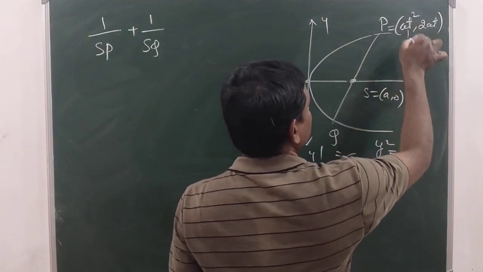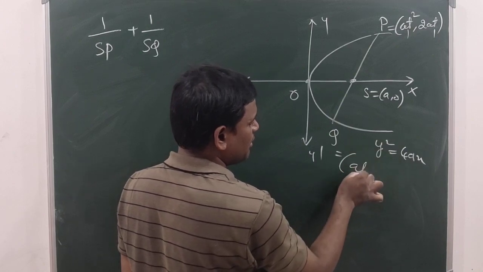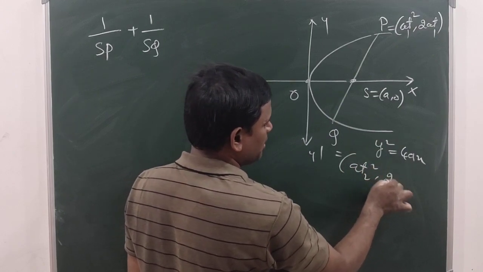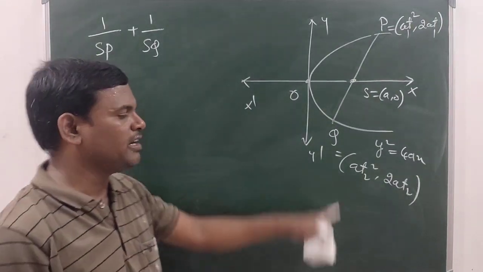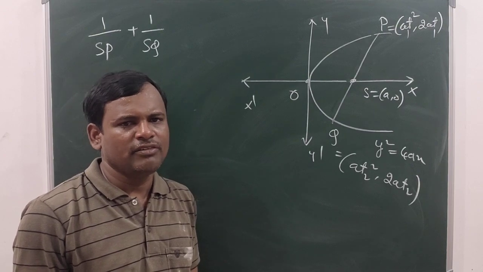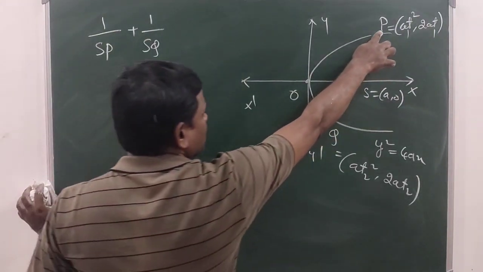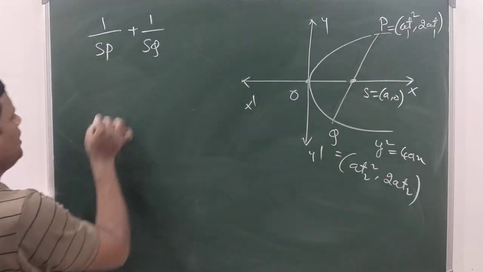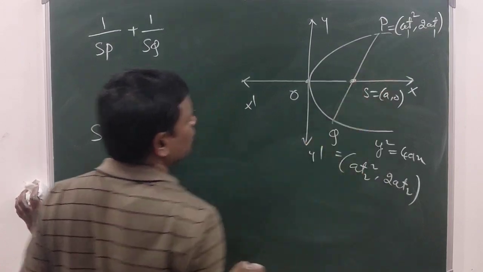If you want to take, this is at1 square comma 2at1, and this will be at2 square comma 2at2. Otherwise the other end can be taken as a by t square comma minus 2a by t1, your wish. But I want to take extremes like this only, and hereafter I would like to find the SP length, the distance from S to P. How much do we get?